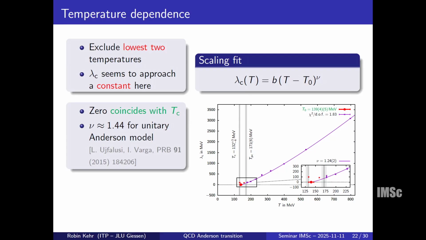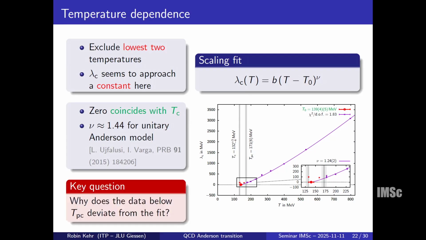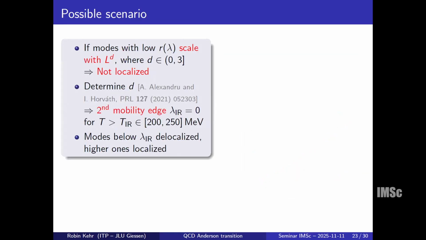Yeah, I think it's interesting to try. But then the key question is still, why do these data points deviate from the fit, which we also saw an indication of in the coarse lattice already, as we just discussed. For that, I have a possible scenario, since we look at the relative volume.